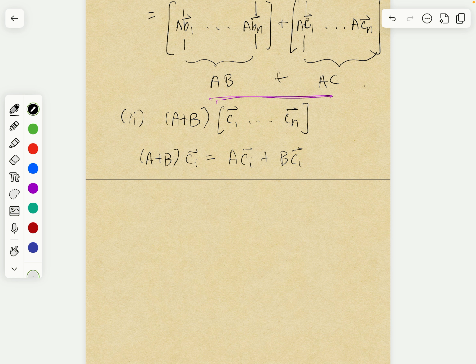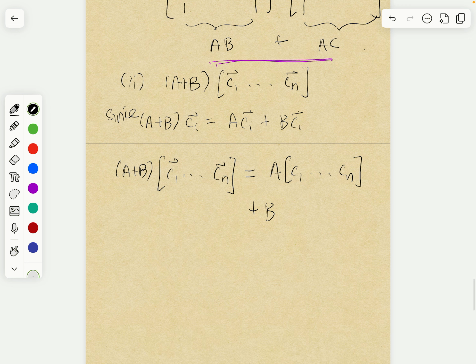Well, if we take for granted that this is true, do you see why we get the statement? Since this is true, we see that (A plus B) times this matrix whose columns are C1 through Cn is going to be equal to A times the matrix whose columns are C1 through Cn plus B times the matrix whose columns are C1 through Cn.